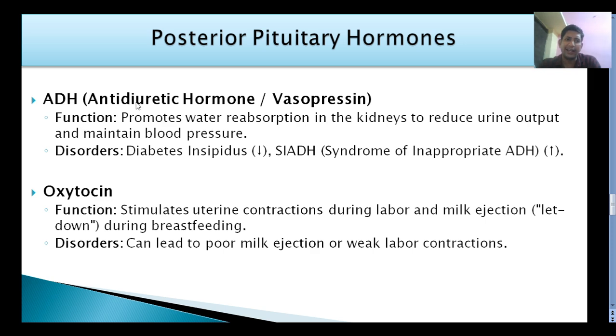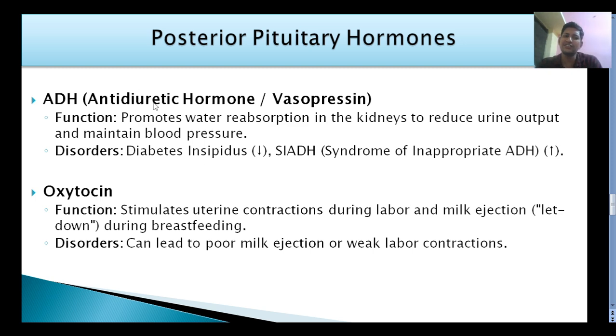They are ADH, nothing but antidiuretic hormone, also called vasopressin, and one more is oxytocin. If anyone asks you, oxytocin is produced by the hypothalamus but stored in the pituitary gland. Whenever there is a requirement, it is released from the posterior pituitary.